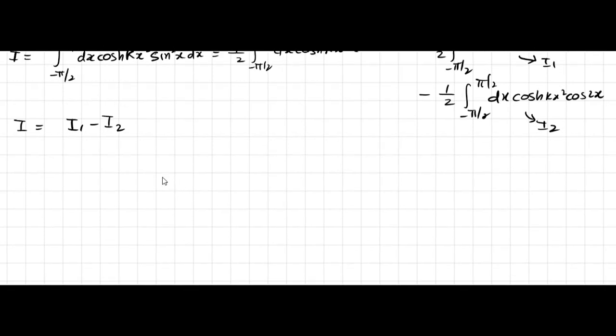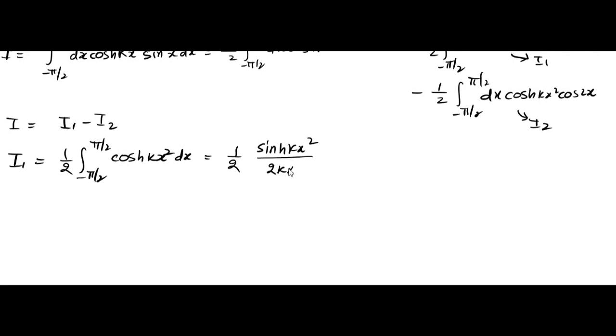Let us calculate I1 first. I1 is equal to 1 over 2 integral from minus pi by 2 to pi by 2 of cosh(k x square) dx, and after the integral we will get sinh(k x square) divided by 2kx, with limits from minus pi by 2 to pi by 2.